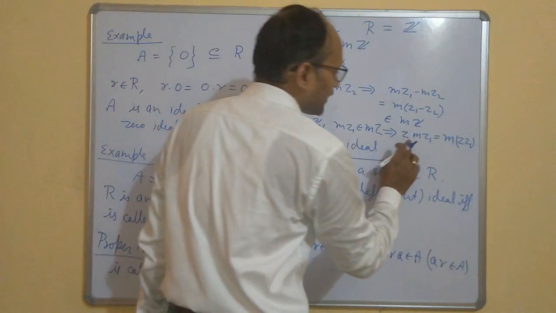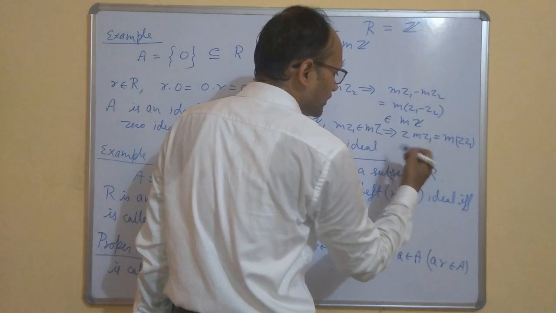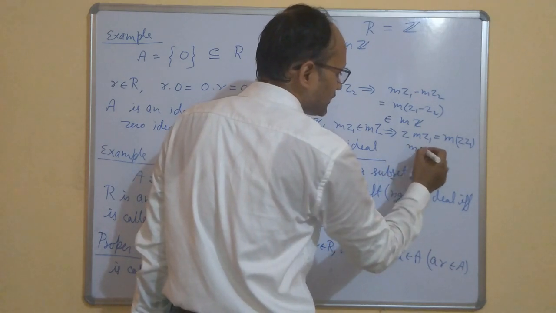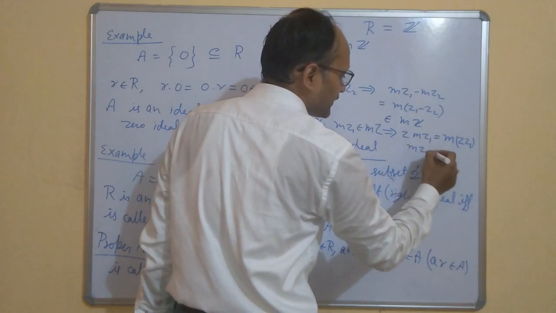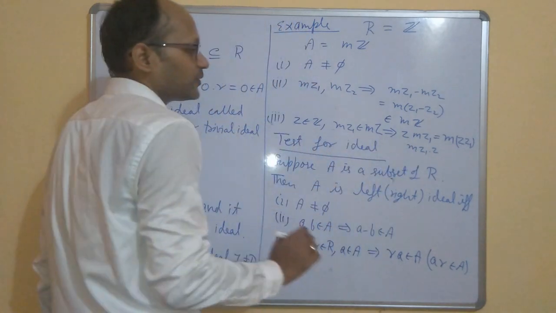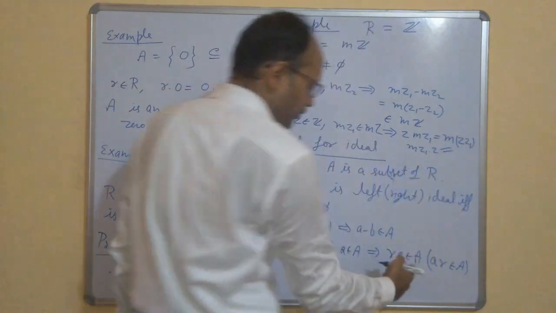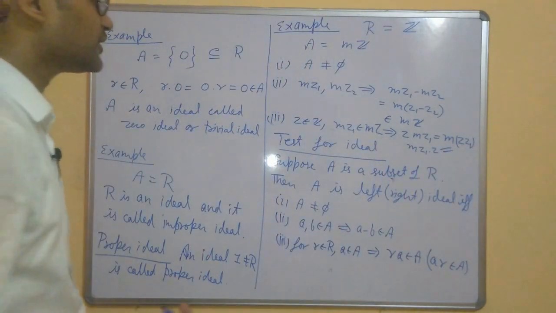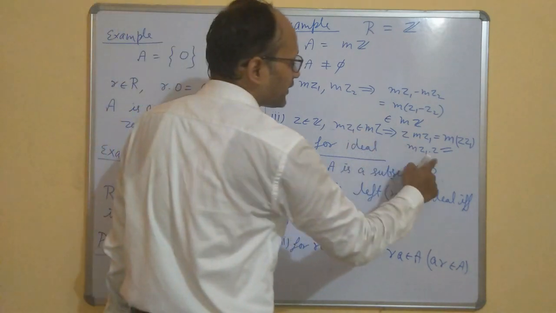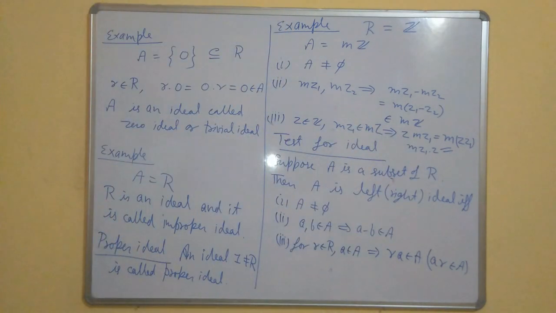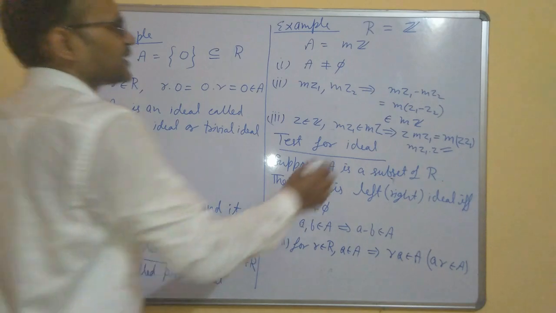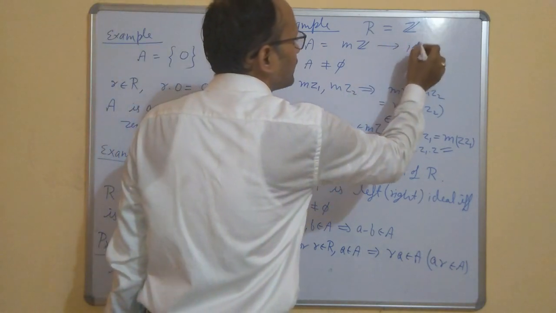So either you multiply from this side or you multiply from this side, you will get the same result. So both the conditions are satisfied. So it is a left ideal as well as a right ideal also. So it is an ideal. So this is an example of an ideal.